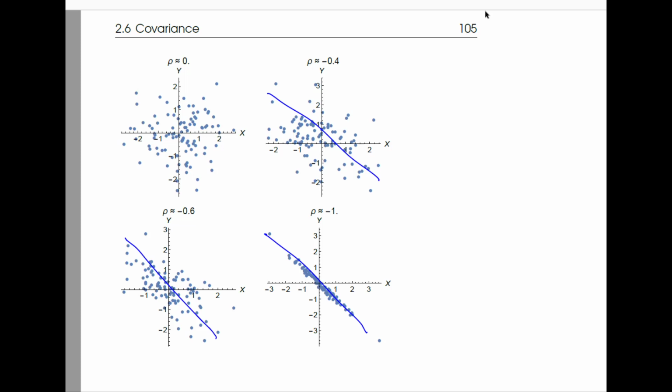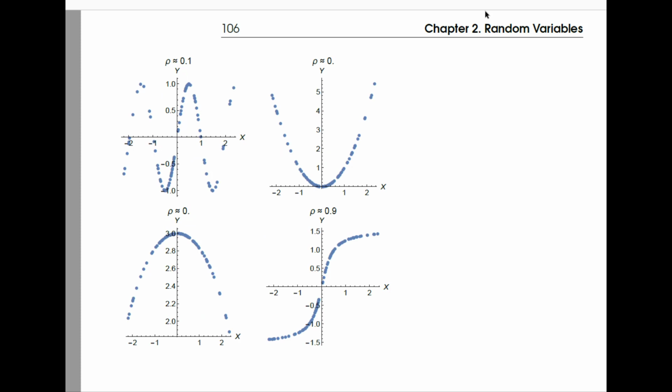Now, the common mistake is to think that correlation or covariance give you an idea of how strong the relationship between the two variables is, which is not quite correct because it's not any relationship. It has to be a linear relationship. So these are examples of that misunderstanding. For example, in this one the correlation is 0, but yet there's a very strong relationship between the two.